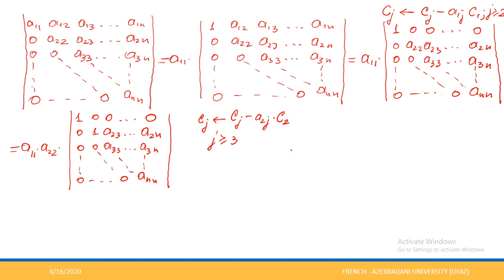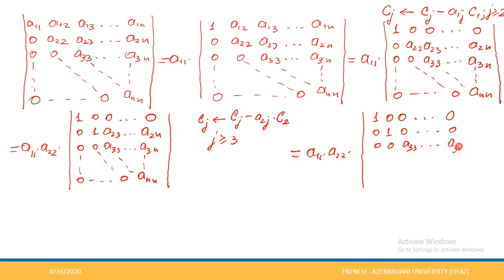From here, this expression will be a11 times a22 times the determinant of 1, 0, 0, 0, 0, 1, 0, 0, 0, 0, a33, a3n.